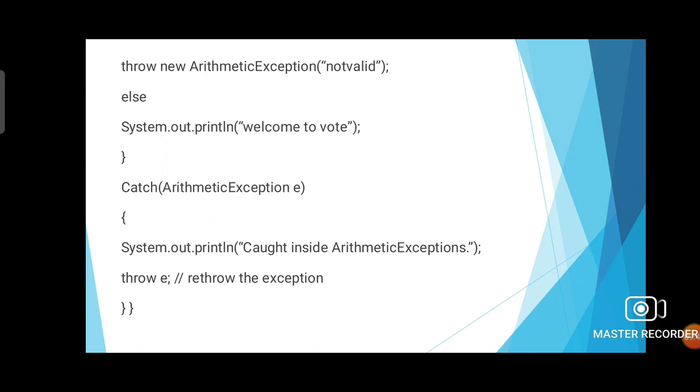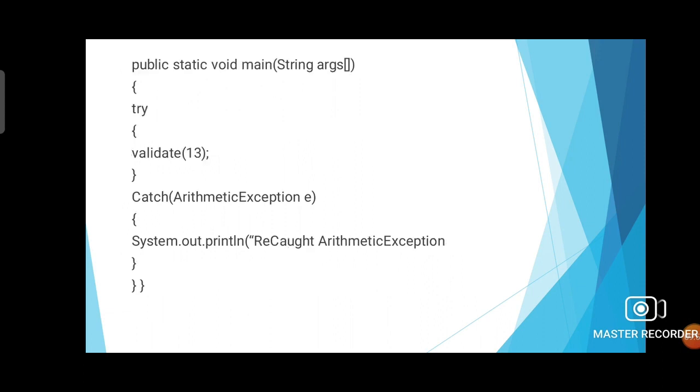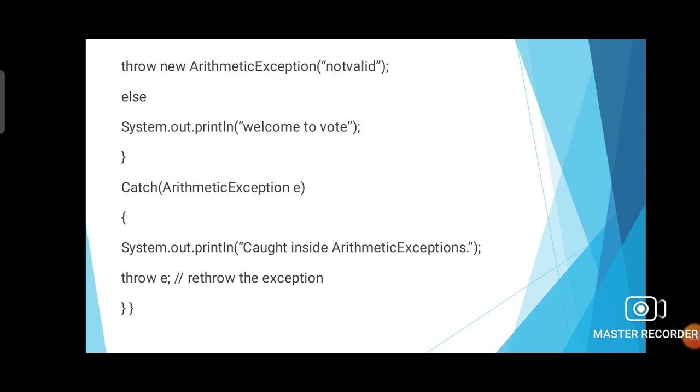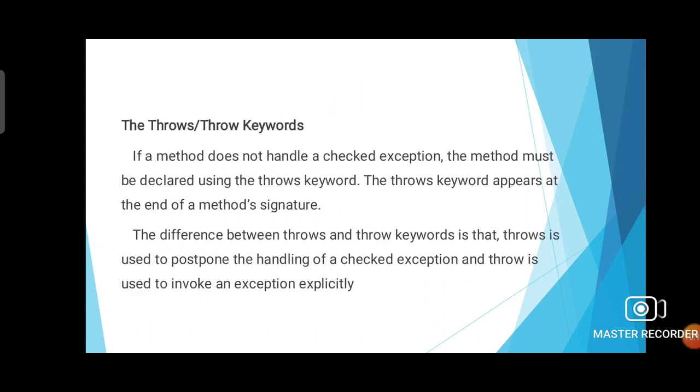Throw e, where e is the object that we have created for the arithmetic exception in the catch block. So throw e means we are re-throwing the exception. Now we are calling the method validate with the age value 13. So this is the way of using the try and catch blocks with the help of the throw keyword.